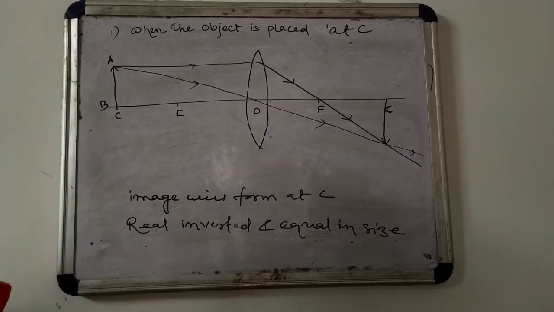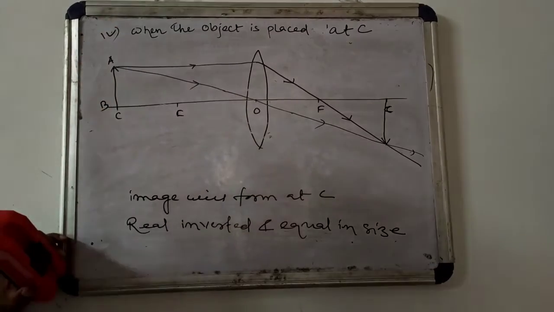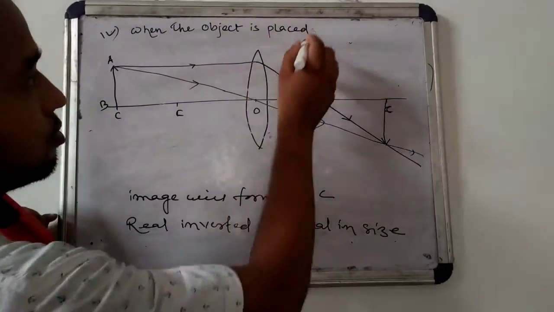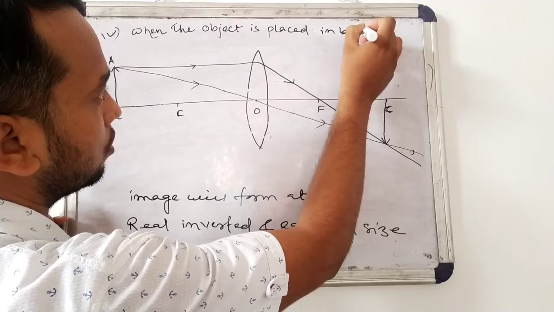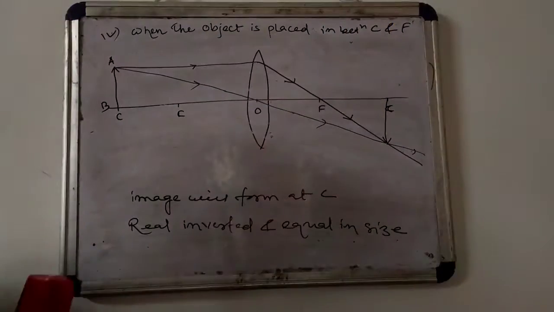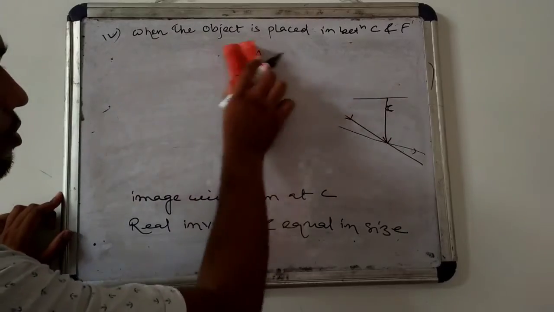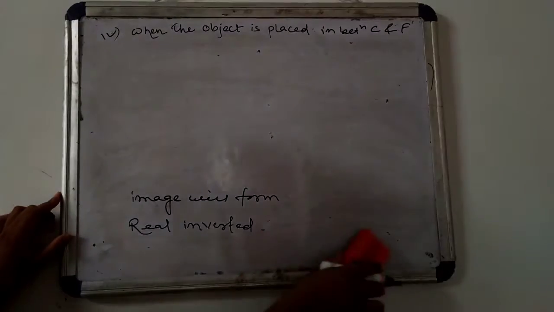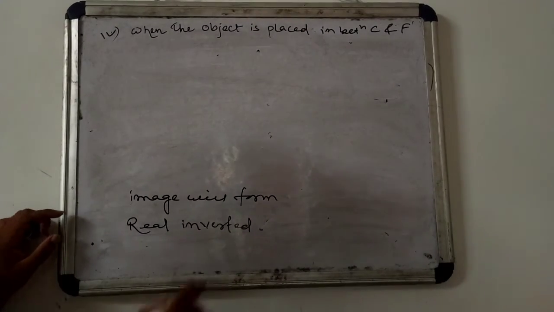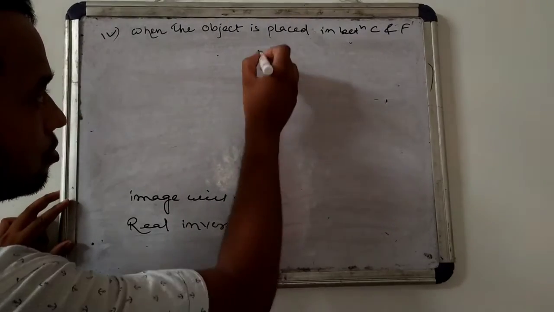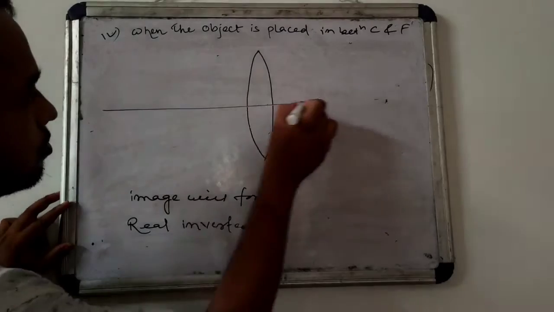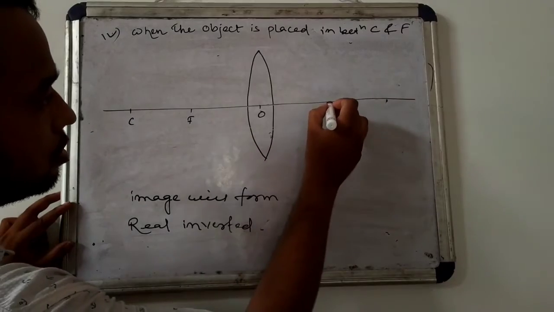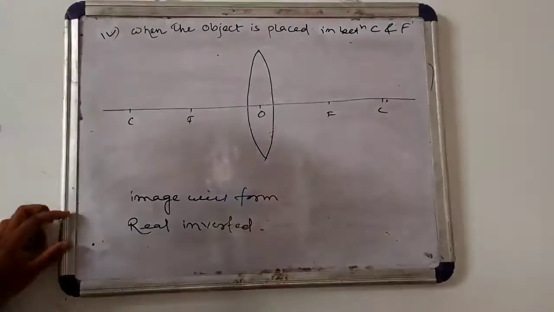Now next, when the object is placed in between C and F. Optical center, focus, center of curvature, focus, center of curvature.